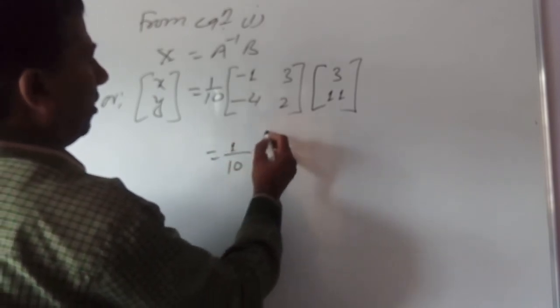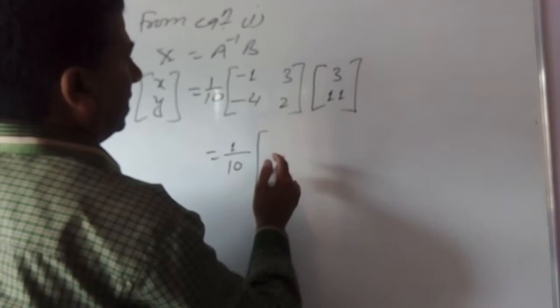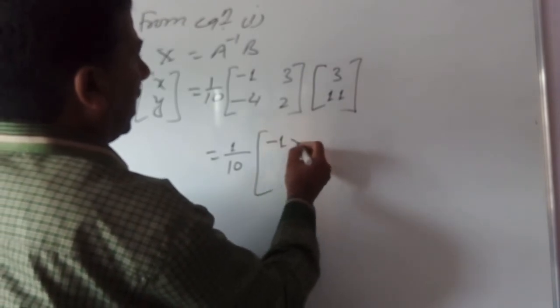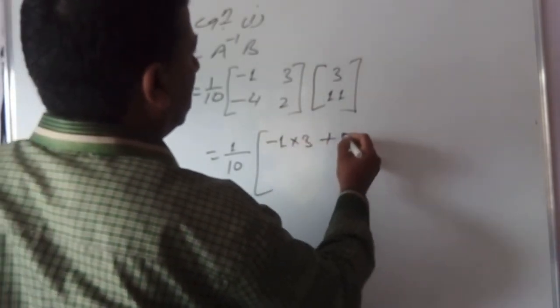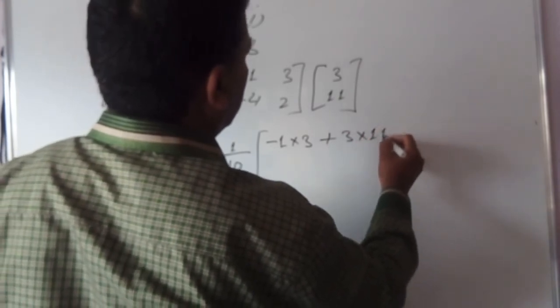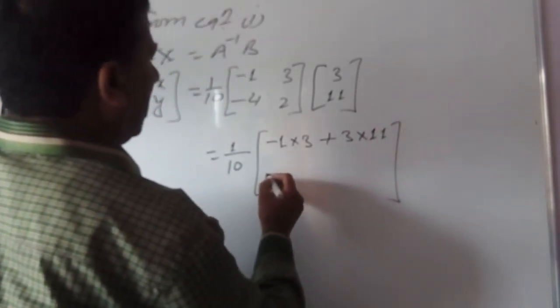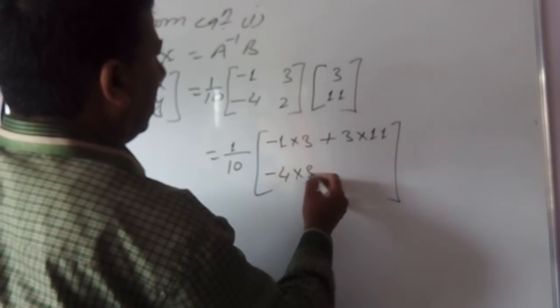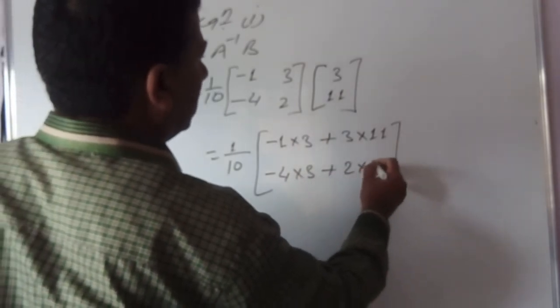Do not multiply right now. Now multiply these two matrices: minus 1 times 3 plus 3 times 11, minus 4 times 3 plus 2 times 11.